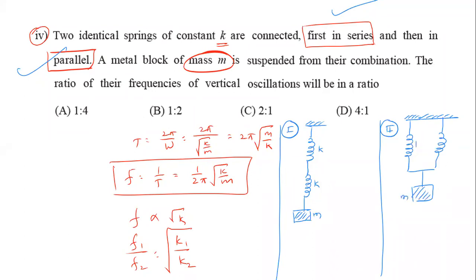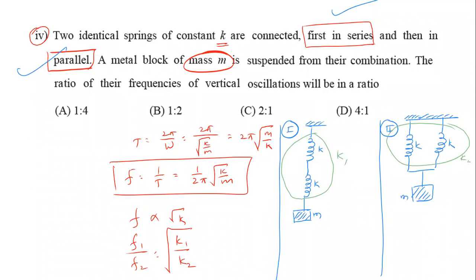Again the force constant is k here and k here. Now we can do one thing. We consider the force constant in this case is k1, and in this case the total force constant is k2. And then we have to substitute k1 and k2 in this formula.